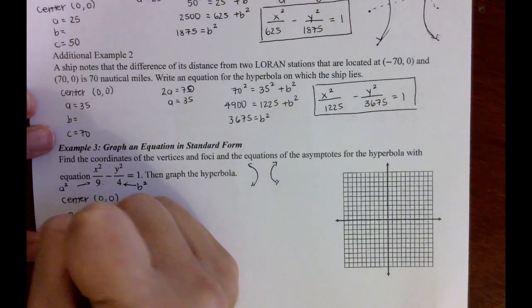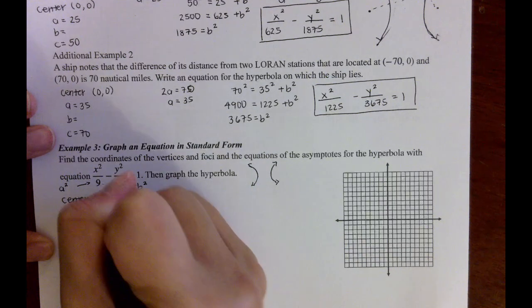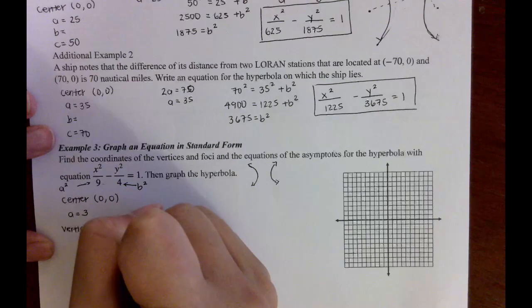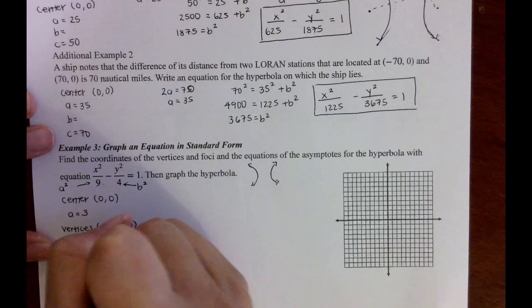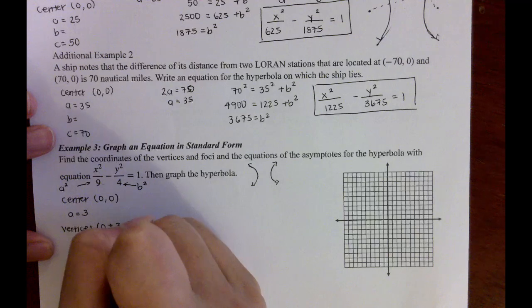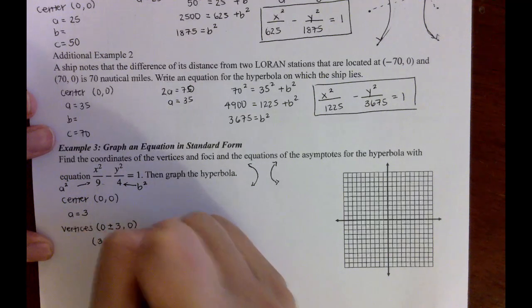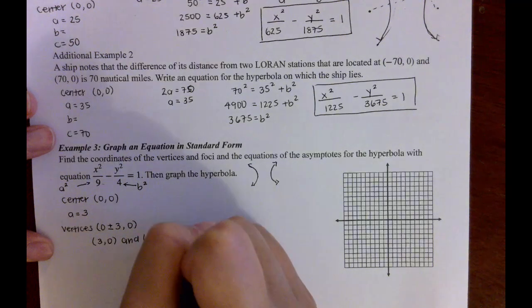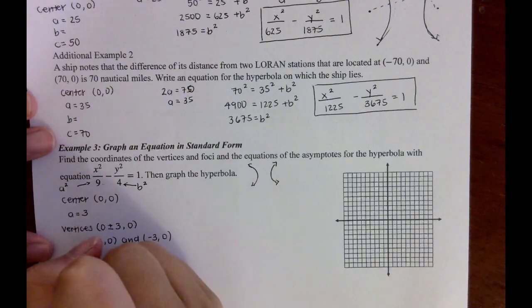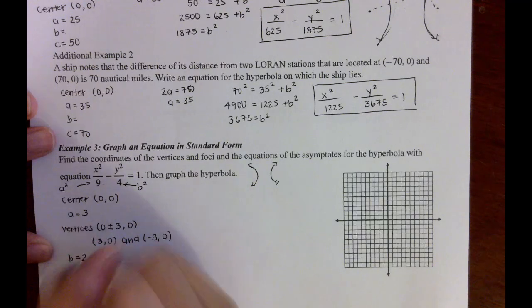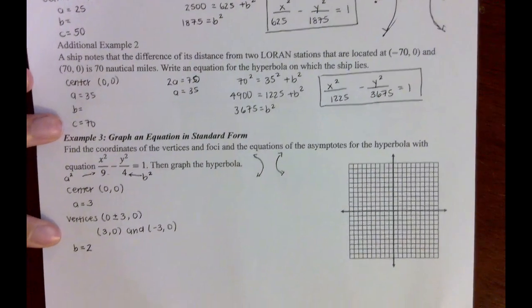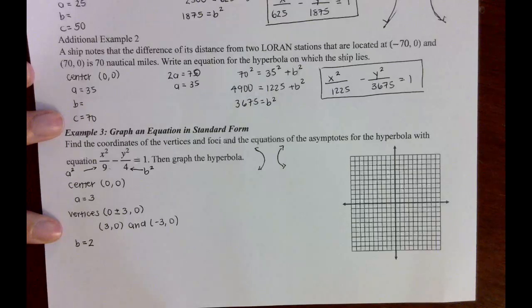Since a affects x here, my vertices are going to change my x. So it will be the x value of my center, plus or minus the a, which in this case would be 3, 0, and negative 3, 0. B equals 2, which right now isn't that important, but it helps when I'm graphing it.